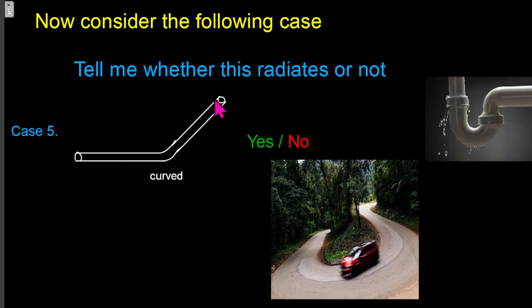Here you have a smooth curve. For the automobile on a smooth curve, anyhow the driver has to be very careful in applying brakes and all. So here we have some loss of energy, and here also you have the bending. There are chances of having leakages if it is not properly done, right? So this is how radiation occurs.